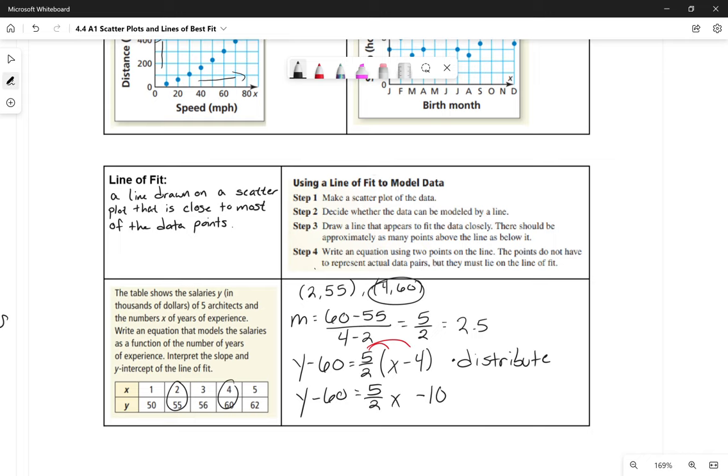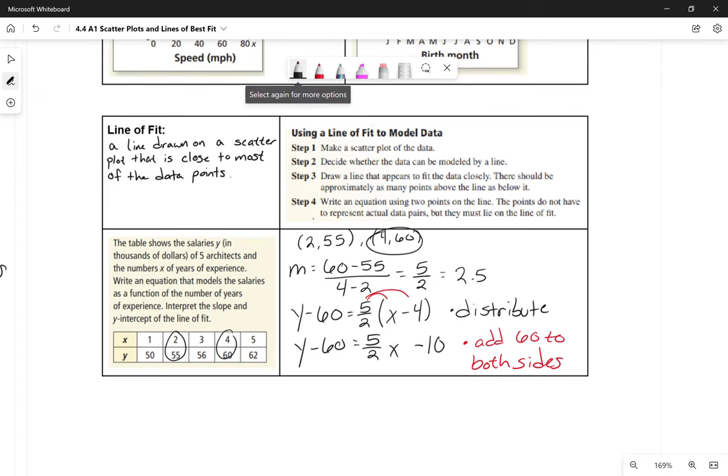But we're not done. We want to get y by itself. So we're going to add 60 to both sides. So when we do that, we will see that we get our equation y equals 5 over 2x plus 50.